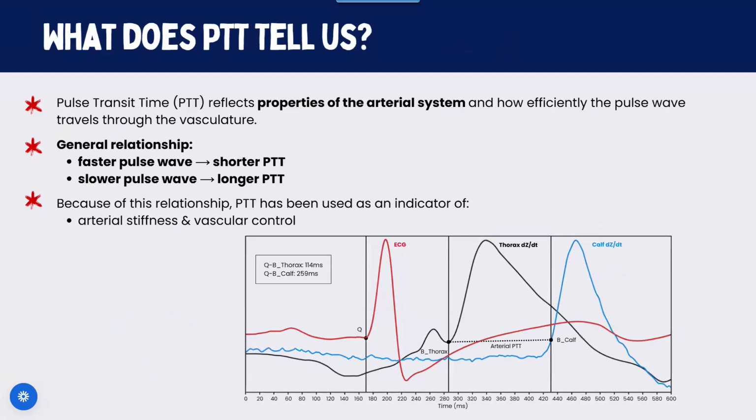So generally what we're seeing here is that if we have a shorter pulse transit time, meaning that these measures are getting closer together to one another, we are going to see a faster pulse wave velocity. And in the opposite sense, if we have longer PTTs, we'll see these measures start to space themselves out from one another. And this will then result in a slower pulse wave. So because of this relationship, again, PTT has been used as an indicator of arterial stiffness and also vascular control.